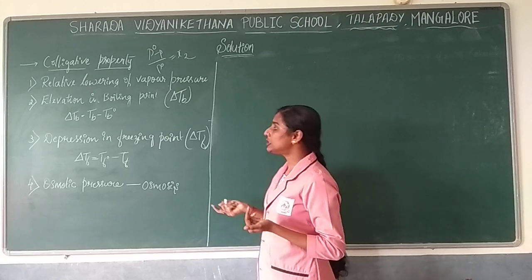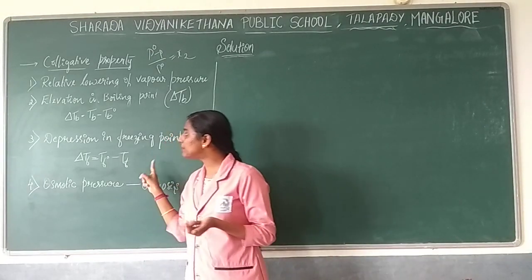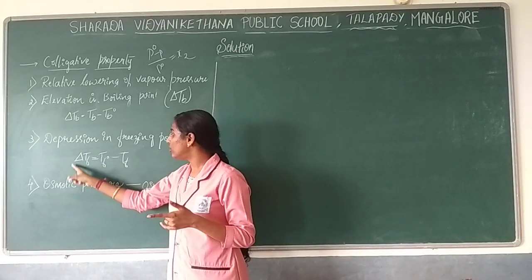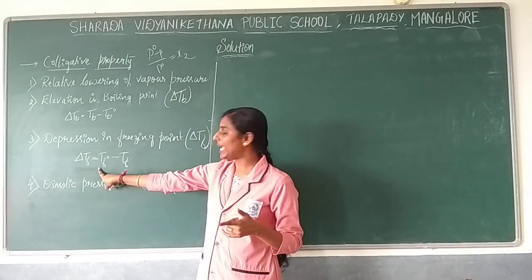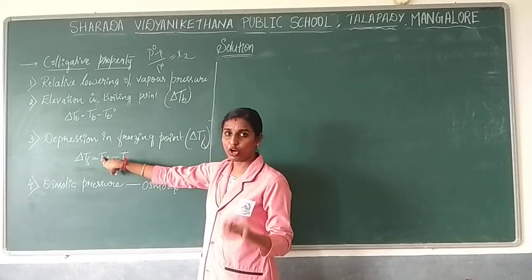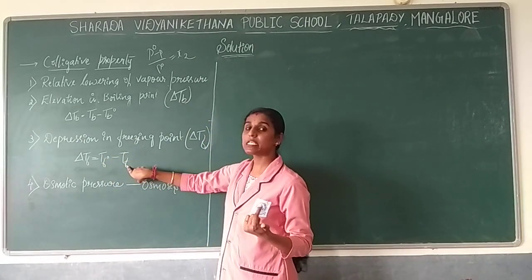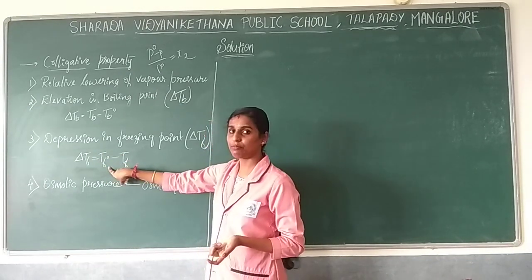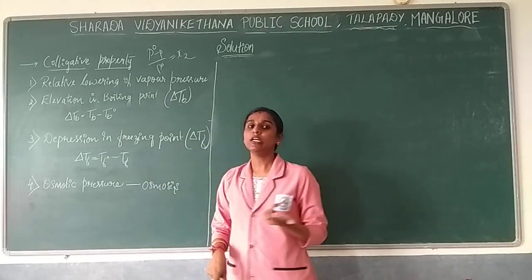Later you learned the graph for depression in freezing point. By the graph you can identify the difference between the freezing point of the pure solvent and the freezing point of the solution. The pure solvent has a higher freezing point than the solution.